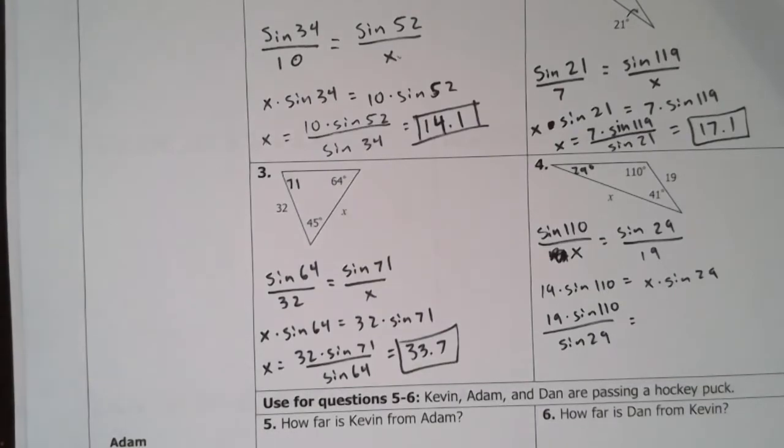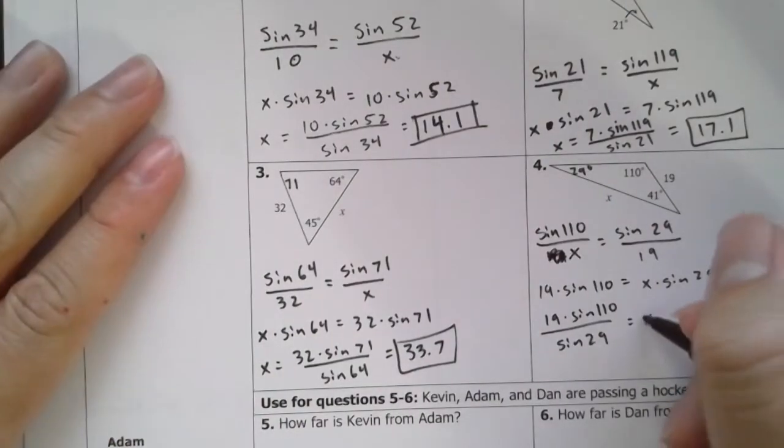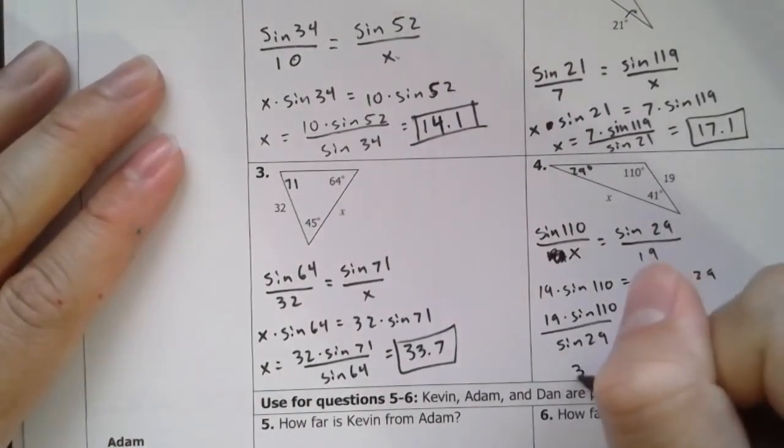Then you should get 36.8. So x is equal to 36.8.